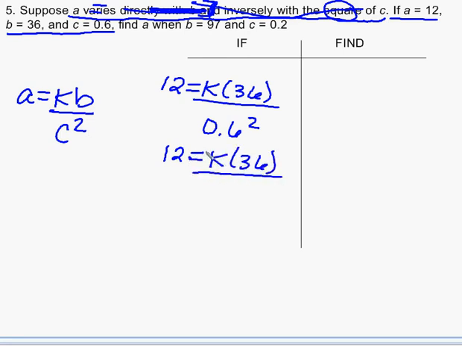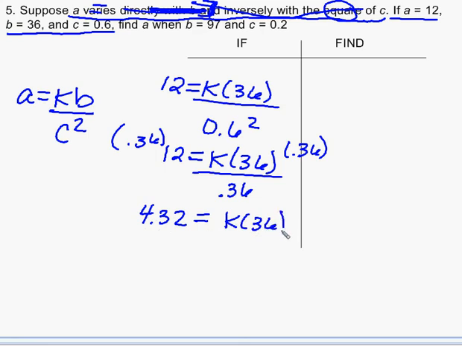So you got 0.6 squared is going to be 0.36, times both sides by 0.36. And then you're going to get 4.32 is going to equal K times 36. And then divide by 36. So K is going to equal 0.12.